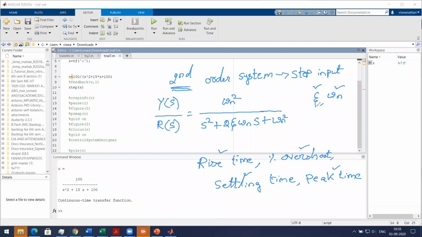The rise time, overshoot, settling time, peak time, everything is dependent on zeta and omega n.